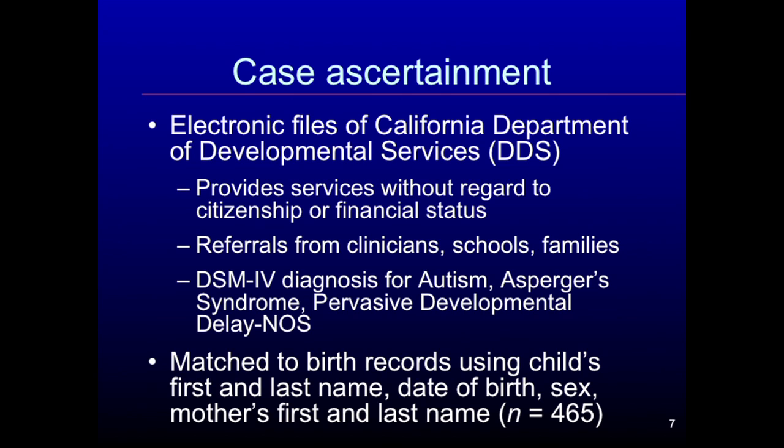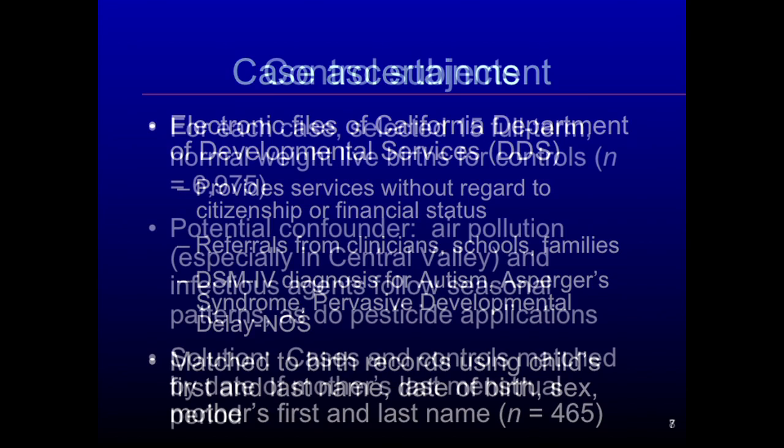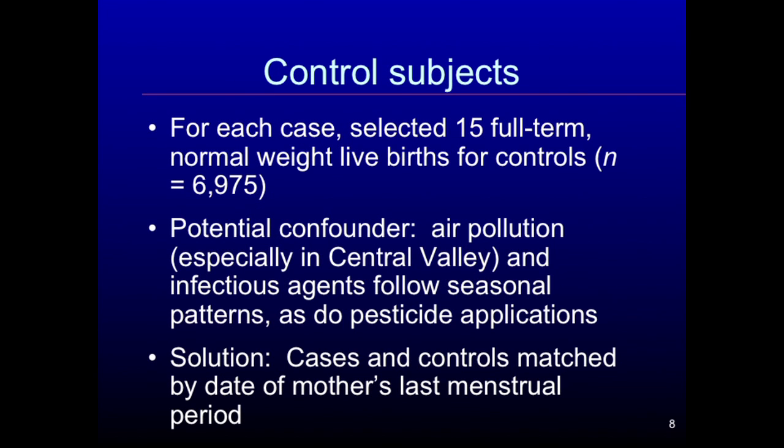We match these to the birth records using the child's first and last name, et cetera, for a 3-year period. We had 465 cases when we cleared out all our data quality issues. We matched these with 15 full-term normal birth weight live birth controls.